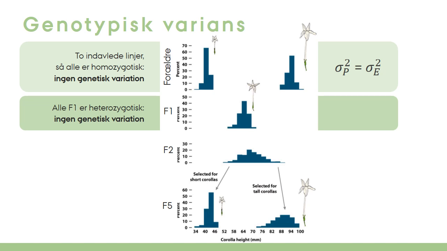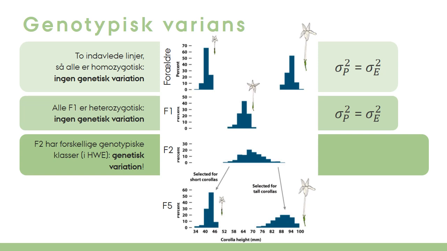When we cross those 2 purebred parents, the result will be the F1, and this F1 is going to be purely heterozygous. Again, they all have the exact same genotype, which means there is no genetic variation. There's only environmental variation.